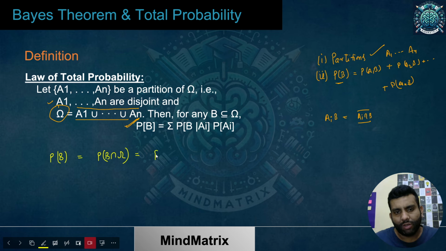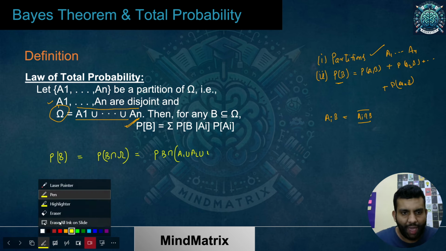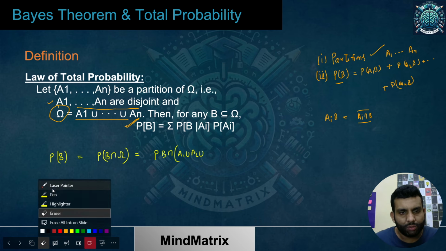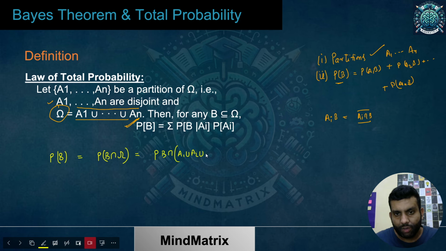Now, because my sample space is nothing but the union of A1, A2, up to An, union up to An.